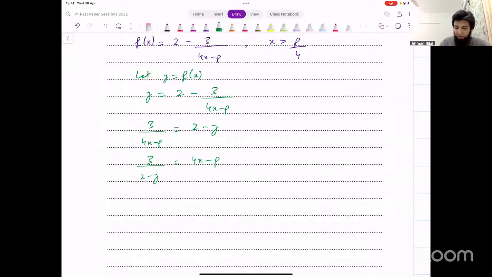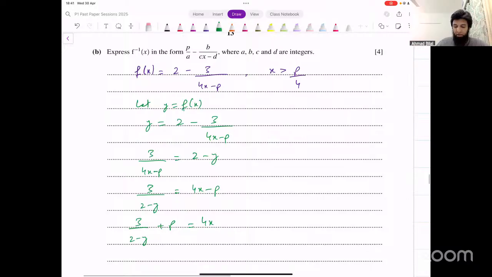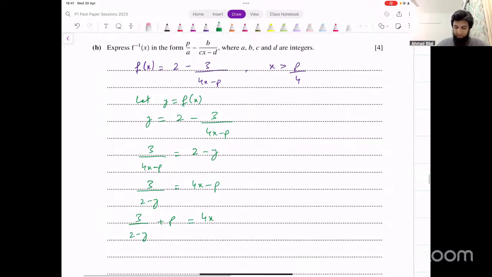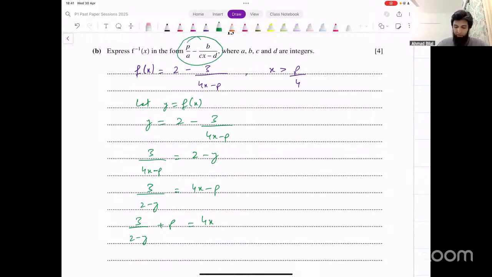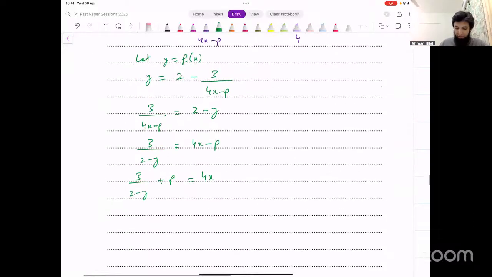Let's take p to the other side now. So it becomes 3 over 2 minus y plus p, that equals 4x. And now we can divide by 4 on both sides. Now look at what they want here. They want a form like this in which the terms are separate. So we want these two terms separated. We don't want to take LCM, but let's divide by 4 and see what that gives us first.